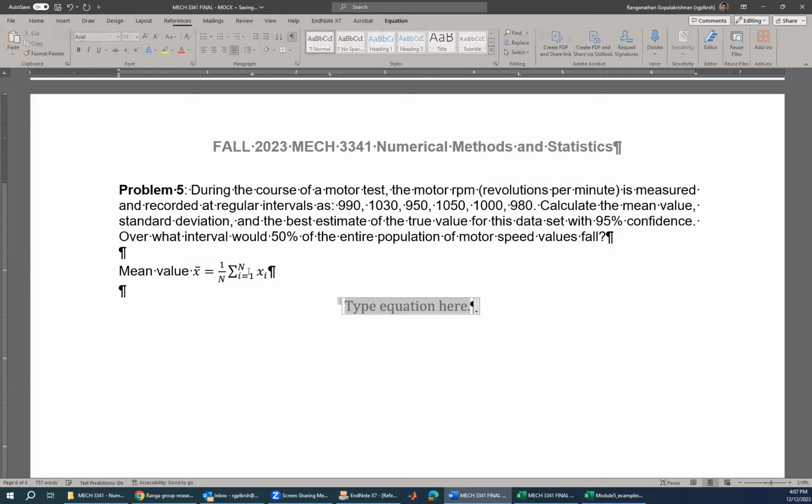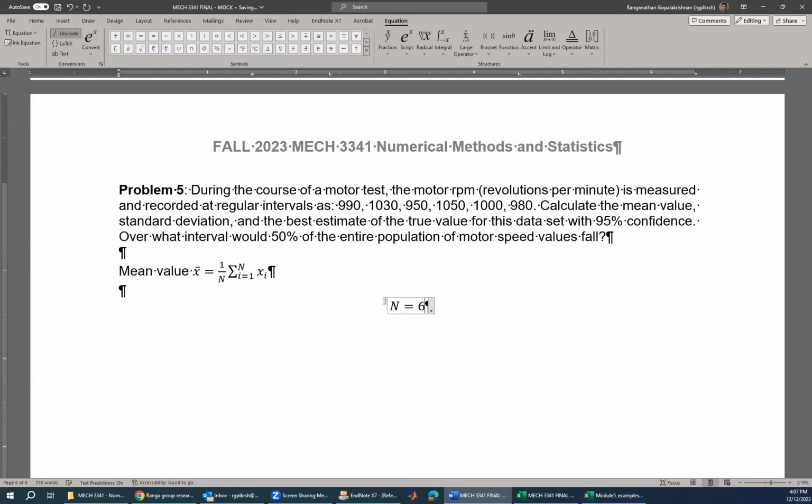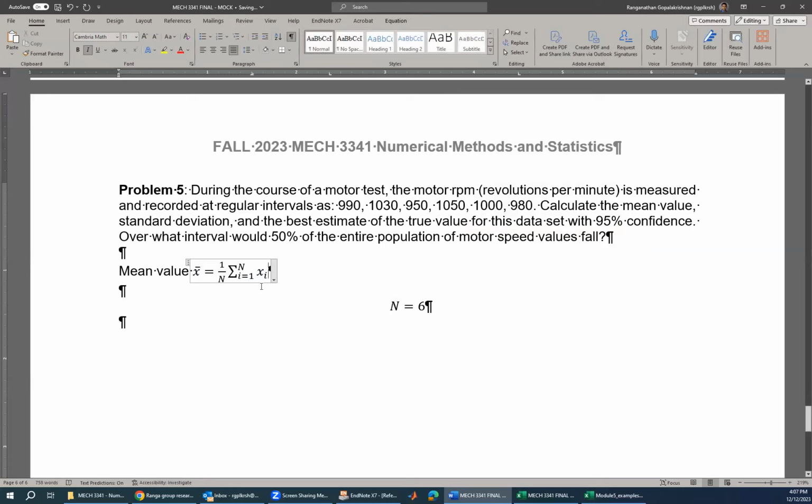Now, of course, your n value here is what? 6. And your xi values are these numbers. So you just have to write this as 1 over 6. You can do this with Excel or do this directly. I don't care. All it matters is you get the numbers and formulas correctly.